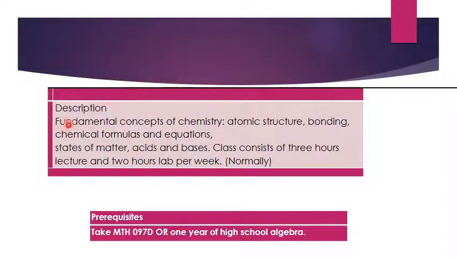Okay, so the description of the class is the fundamental concepts of chemistry. What we'll cover is atomic structure. We'll talk about chemical bonding, chemical formulas, equations, states of matter, acids and bases. Normally, this class would consist of 3 hours of lecture and 2 hours of lab per week, during a 15-week period.